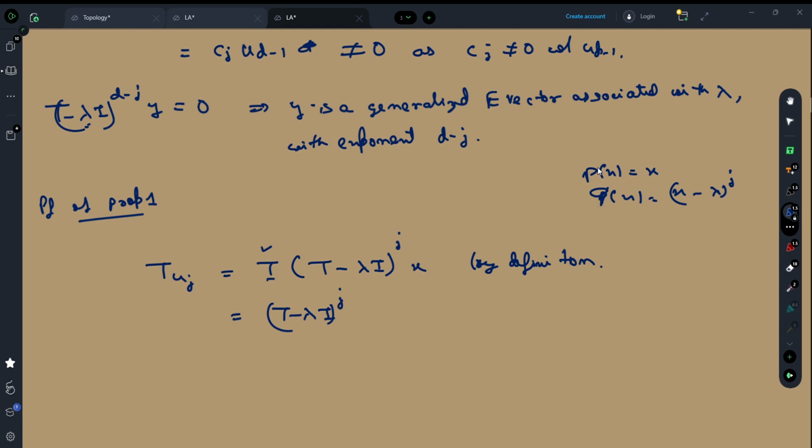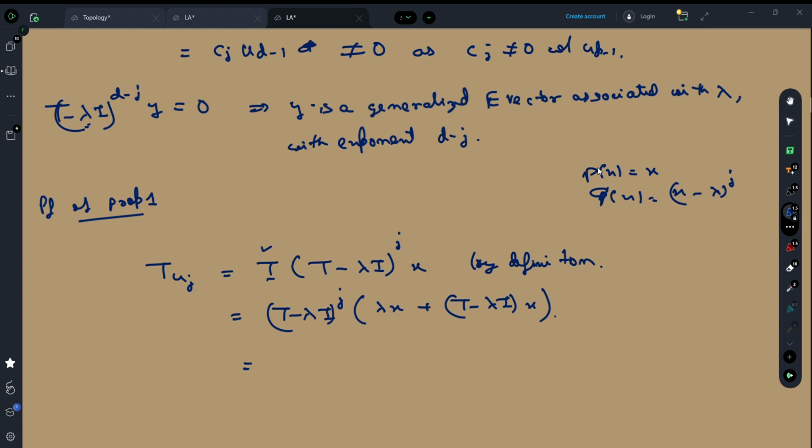So we can write it as (T minus lambda I) to the power j, and we can write T as lambda I plus (T minus lambda I). Yeah, we can do this, right? Because lambda I of x is lambda x, so lambda x and this lambda x cancel out, correct? Yeah, we can write it like this.